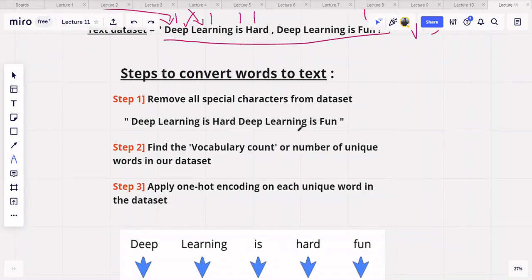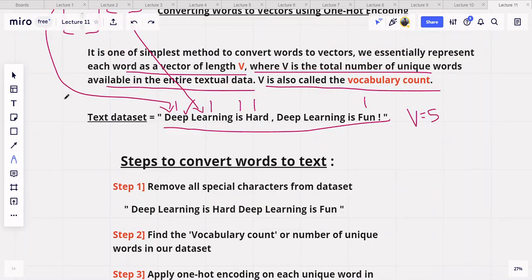The first step is to remove all special characters and punctuations.